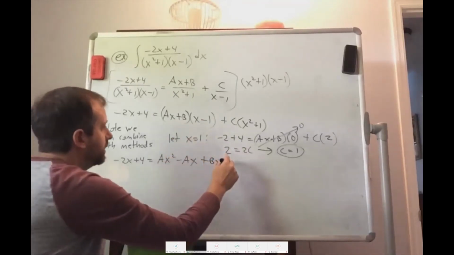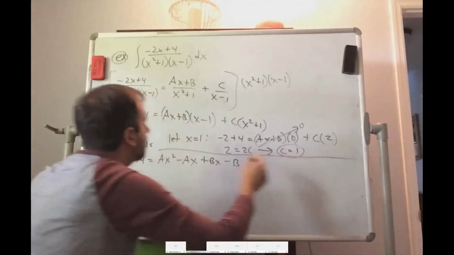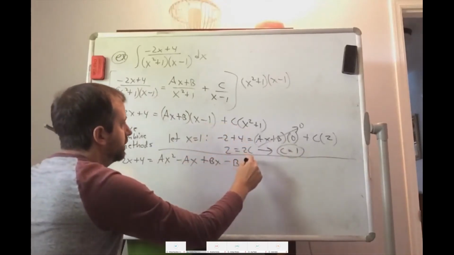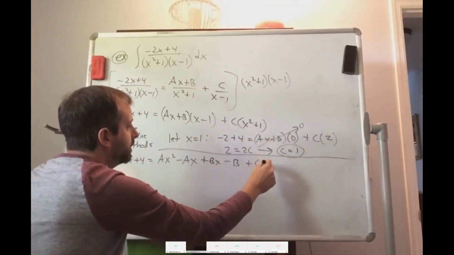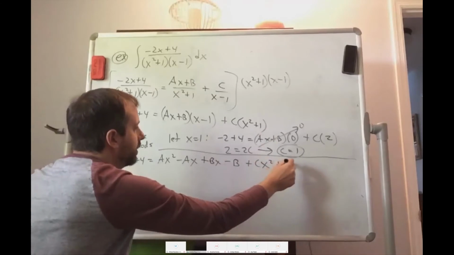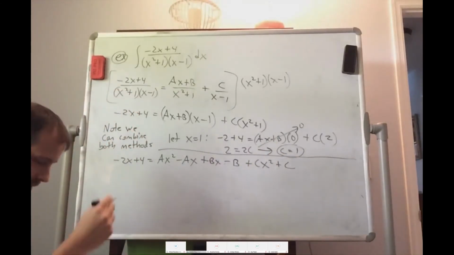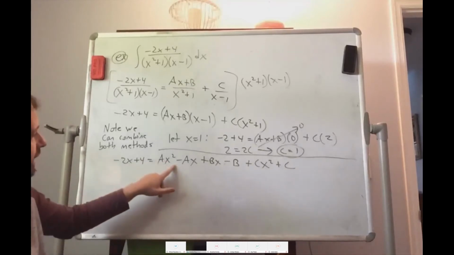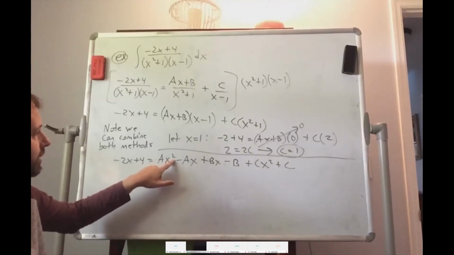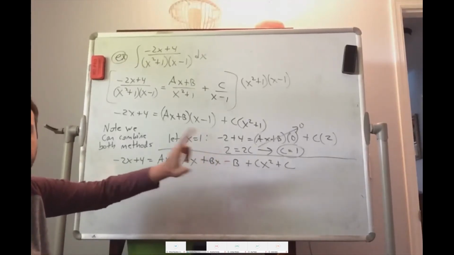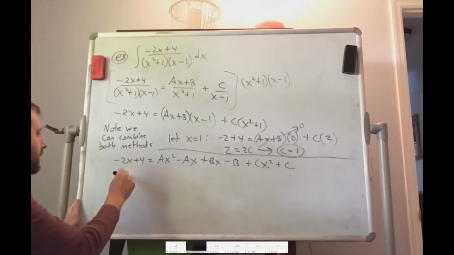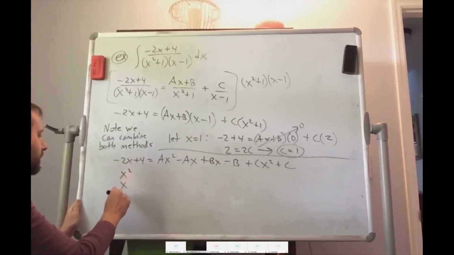B times minus 1 is minus b. And then this FOILs, well, I guess just distributes, cx squared plus c. So now you can see there's a lot of terms here. So you'll note that in this case, you have x squared terms, x terms, and constant terms. 3 different types of terms. So there'll be 3 equations.